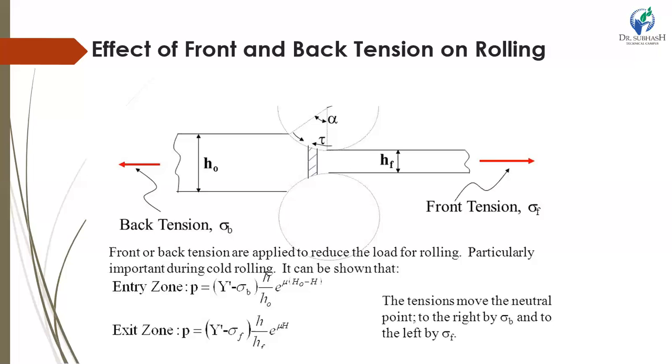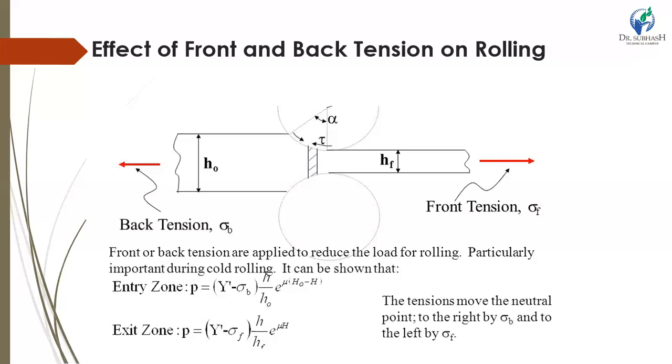You can reduce friction, and lower the strength of the material by rolling at high temperature. Another effective technique for reducing roll forces is to apply longitudinal stress to the strip during the rolling.